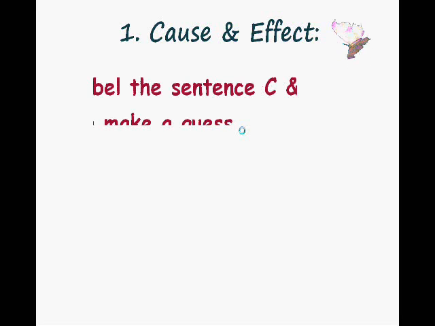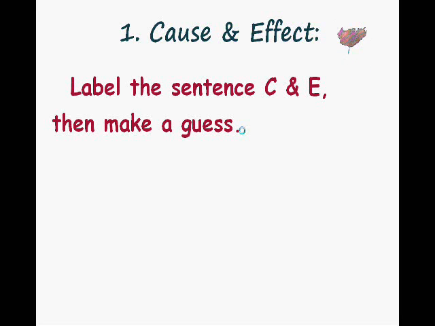And I think all of you know what we mean by cause and effect. This is something we do every day. First, you have to label the sentence using cause and effect. Where is the cause and where is the effect? Then you make a guess. You guess the meaning of the word.